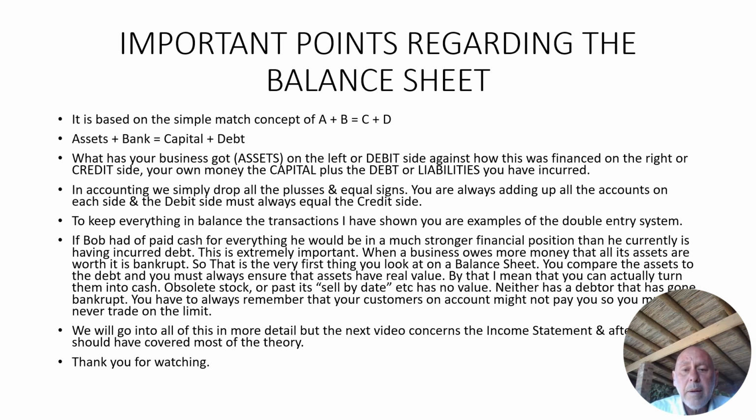Because there's no point in having overinflated numbers in your balance sheet. From a tax perspective, if your accountant agrees to write things off with you, it's reducing the tax as well that you're going to pay. But we'll go into all of this in more detail. It's in the next video.